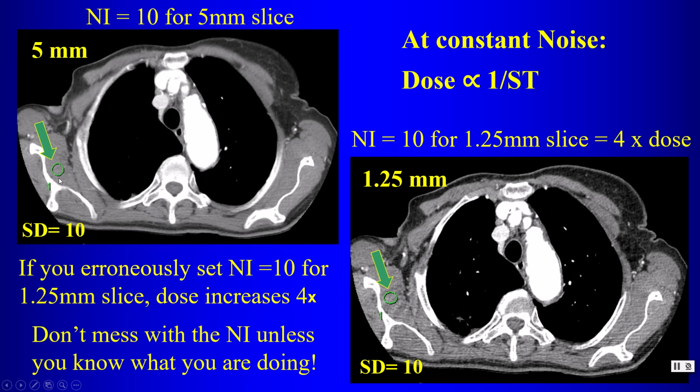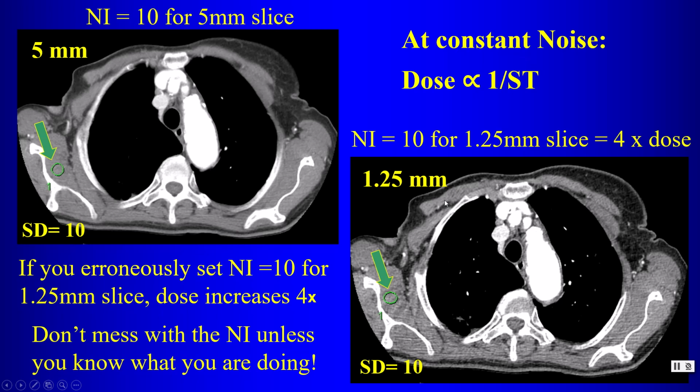Here is a 5 millimeter slice, and the noise index is set to 10 for this 5 millimeter slice. In your protocols, your noise index is set according to the slice thickness that you want diagnostic image quality in. So if we select 10 for a 5 millimeter slice, we have pretty good image quality.